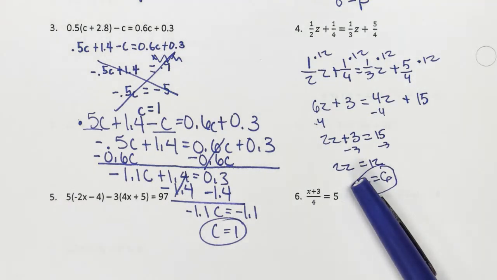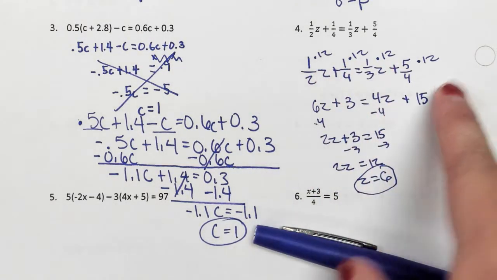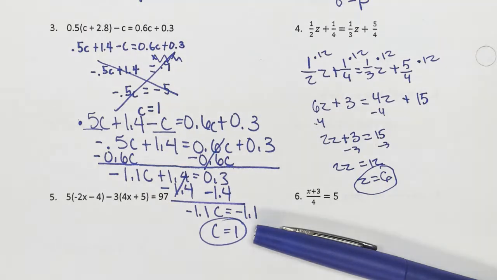Alright, so number 4, you should have gotten 6. What was the common denominator that he multiplied by for all 4 of them? 12, right? Doesn't that make your life so much easier?